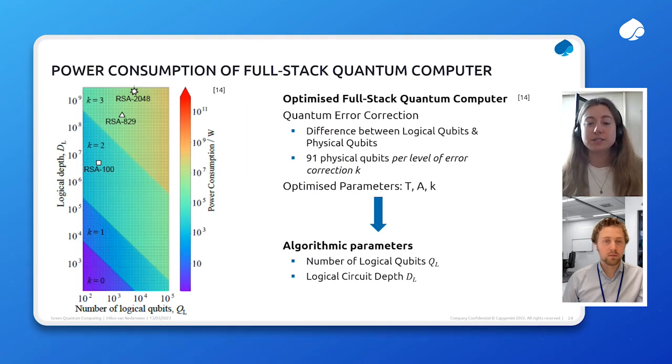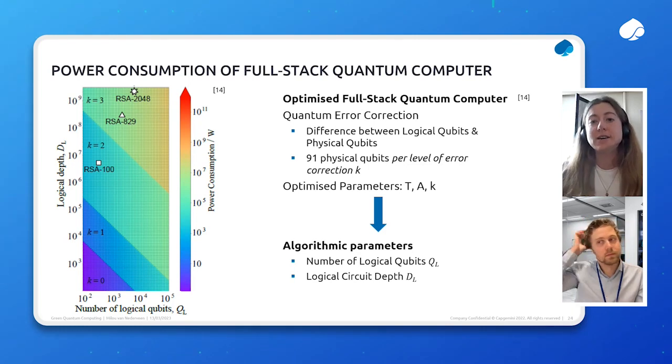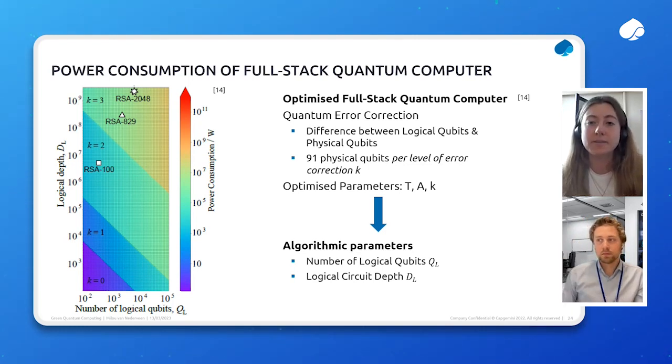It uses different parameters, so temperature in this case, attenuation of the electronics, and the level of quantum error correction, in order to optimize the power consumption of the quantum computer, whilst at the same time retaining its accuracy and performance.